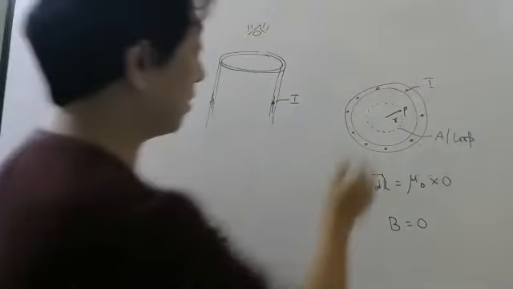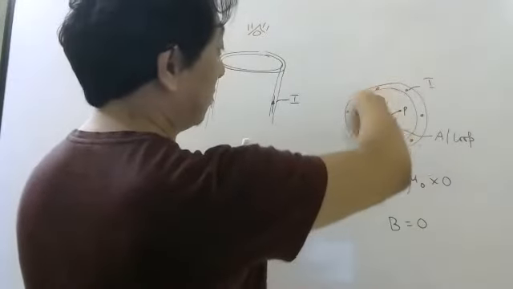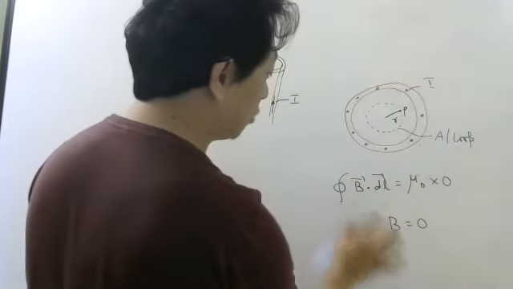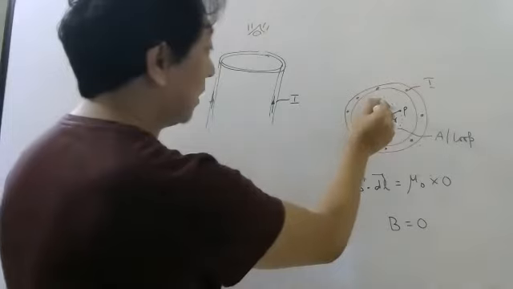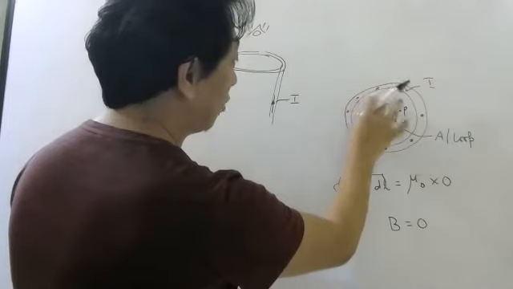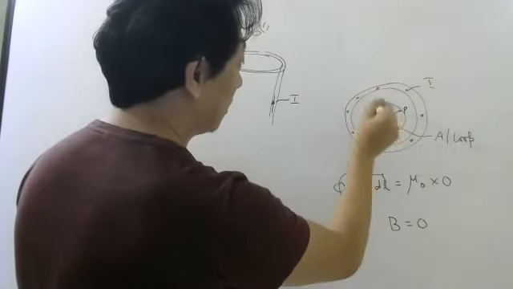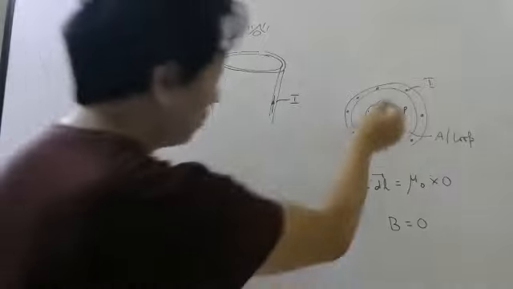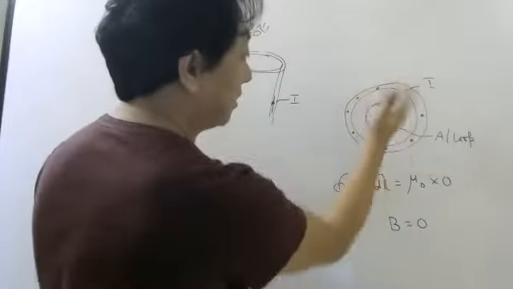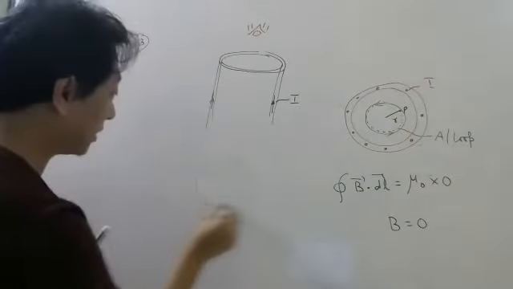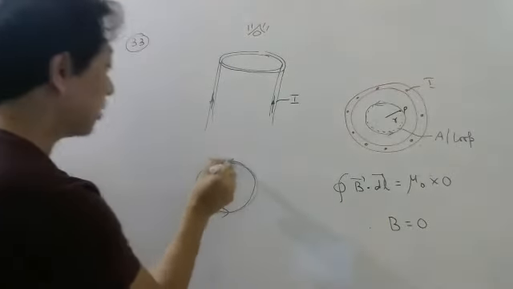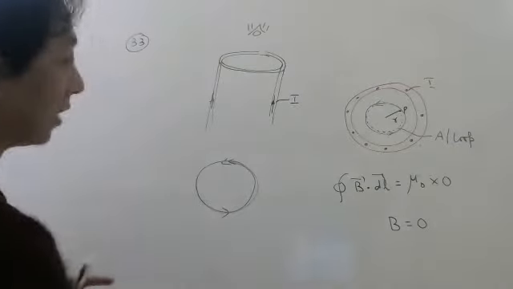Therefore you can say the magnetic field is zero in the loop, and this is because of symmetry. Because the magnetic field is like this everywhere. For this integral to be zero, B has to be zero everywhere. If the magnetic field is like this and your dl is also along it, then theta is zero everywhere.